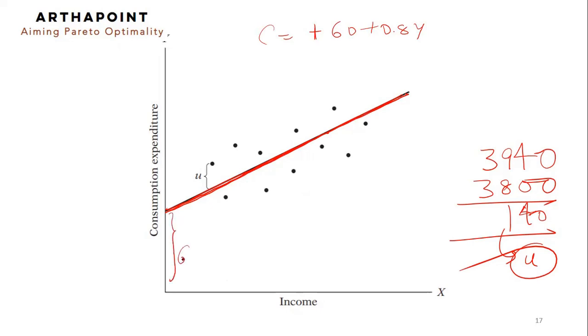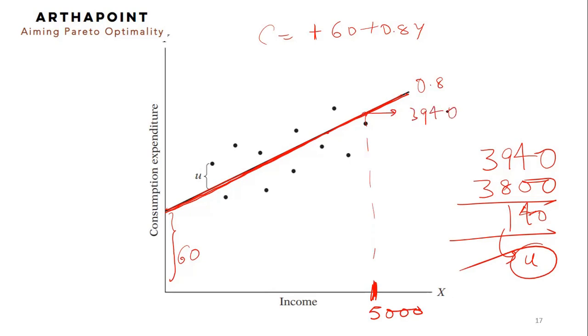The intercept is 60 and the slope of the line is 0.8. Now, you predicted that somewhere here, when my income is 5,000, my consumption will be 3,940.